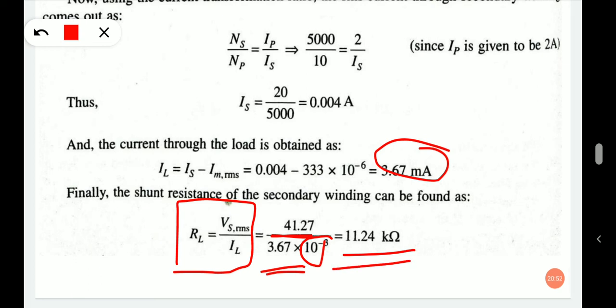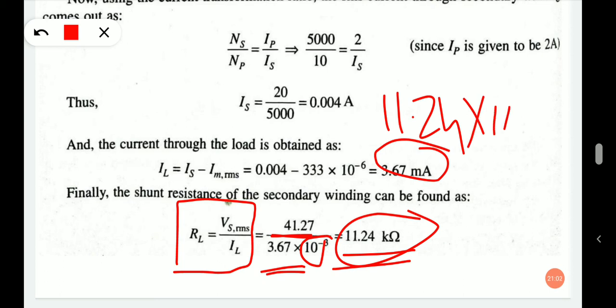So we will get the final shunt resistance of the secondary winding as 11.24 kilo ohm. That is 11.24 into 10 raised to 3 ohm, and here instead of 10 raised to 3, kilo ohm is mentioned.